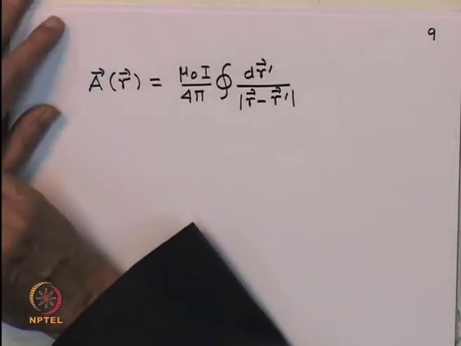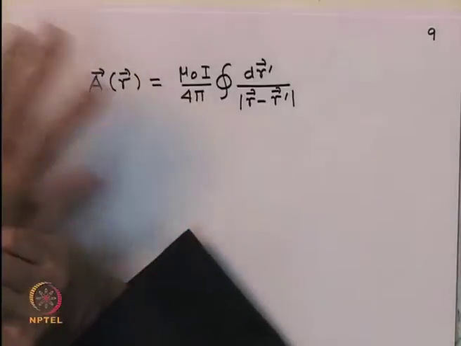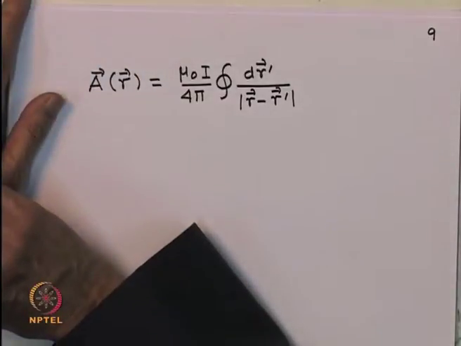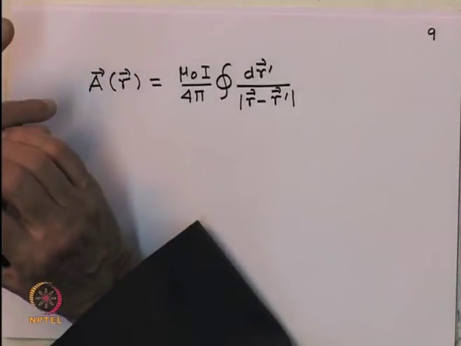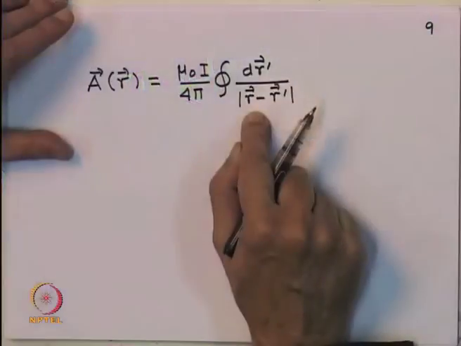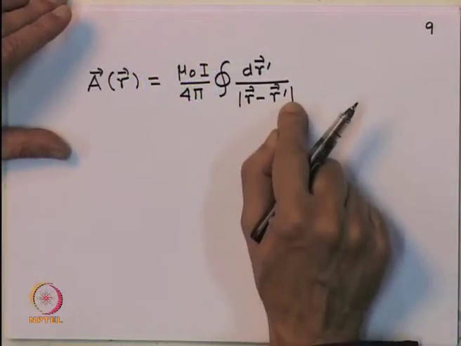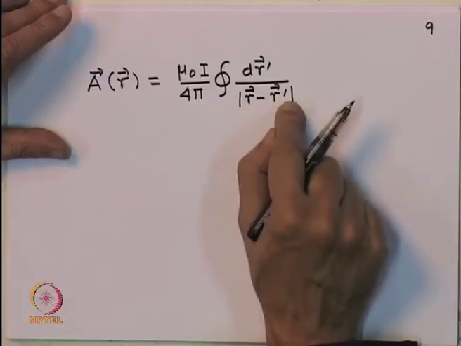So, I have a 1 over the magnitude of r minus r prime. Now, what I am going to do is to assume that my current distribution has a smaller dimension compared to the distance where I am trying to calculate the magnetic field or the vector potential. So, I will assume this r is greater than r prime.